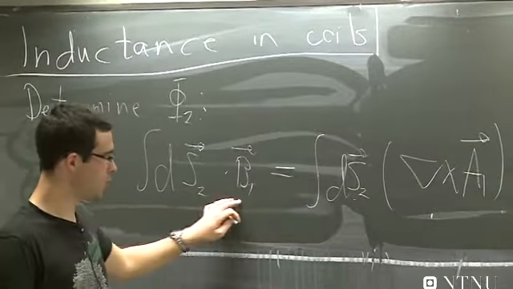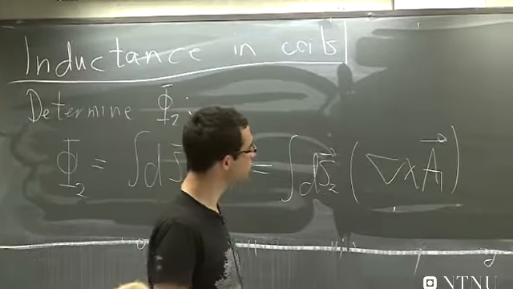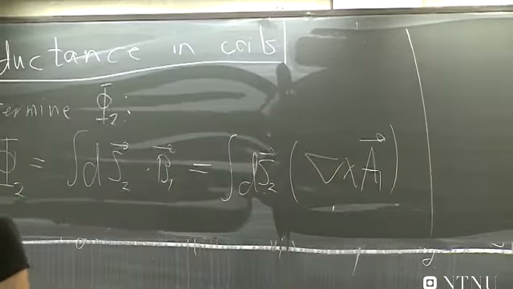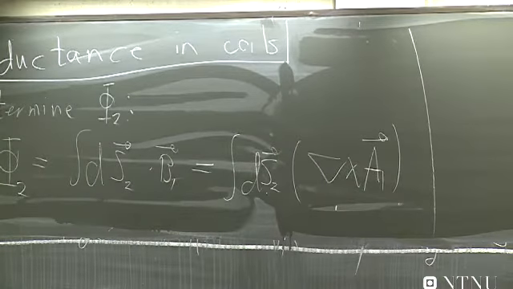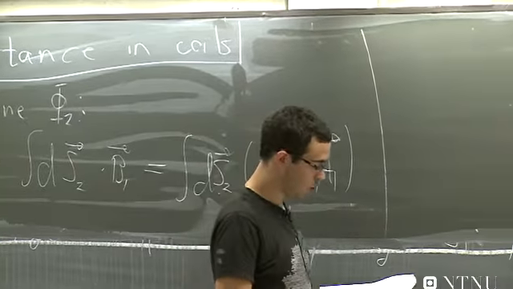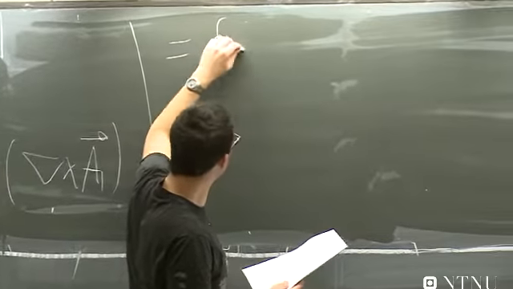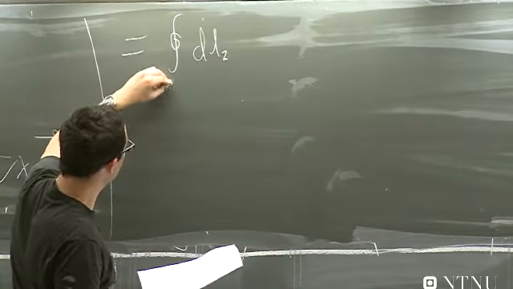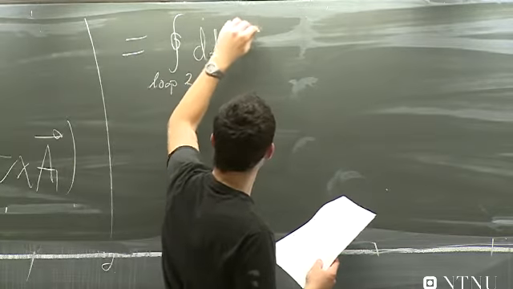So I just say that B1 is equal to the curl of A1. And again, we use the Stokes theorem to show that this can be written as a line integral around loop 2, dot A1.